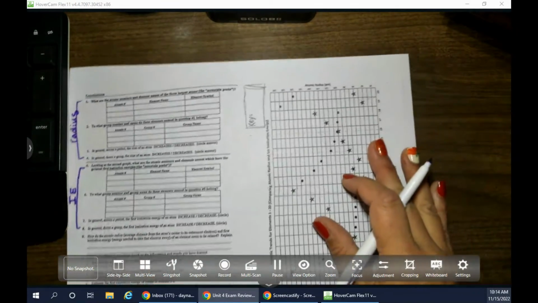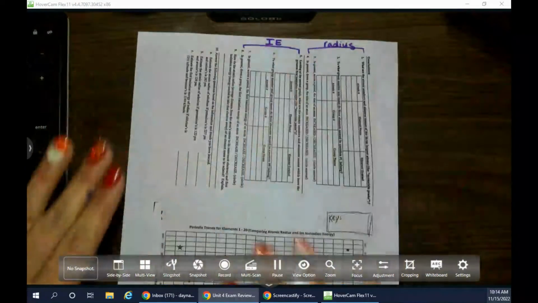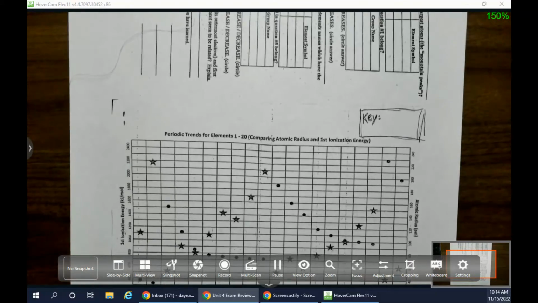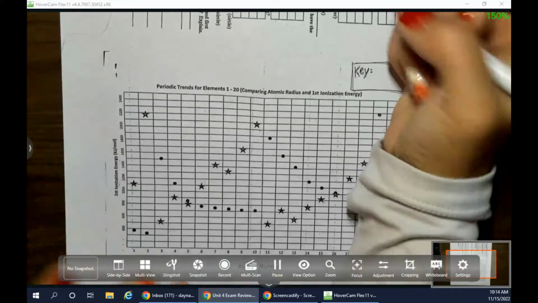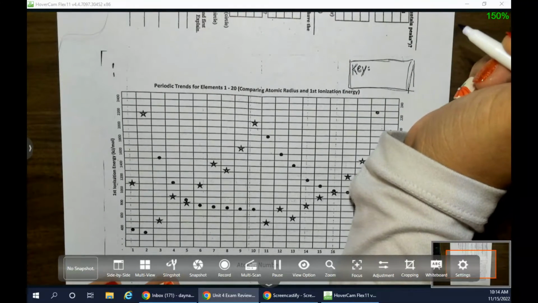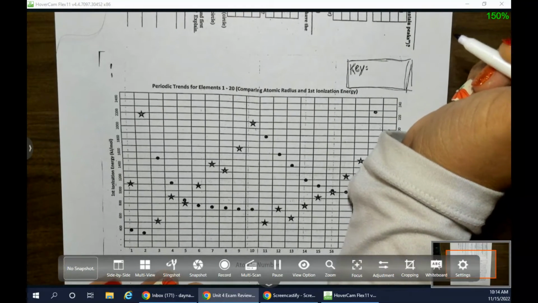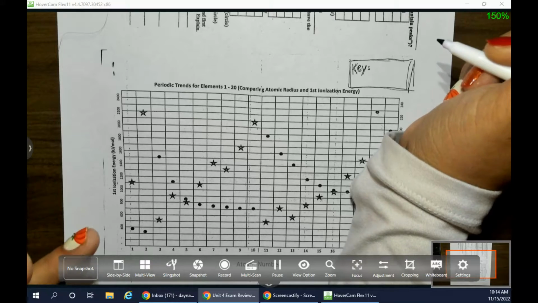So go ahead and flip your page, oh no, just kidding, leave it that way. But we're going to focus on the graph part now, okay? So first thing that I want you to handle with your graph is I would like you to add in your little key right here. So you picked up 2 colors, hopefully, okay? And what we're going to do is label what the 2 different colors are going to be on your graph itself.